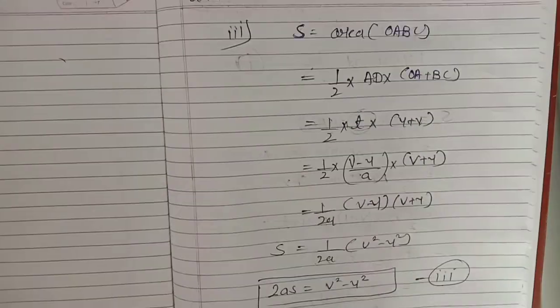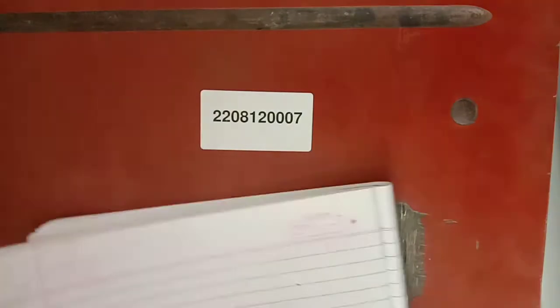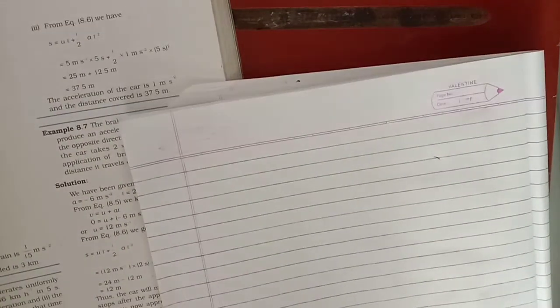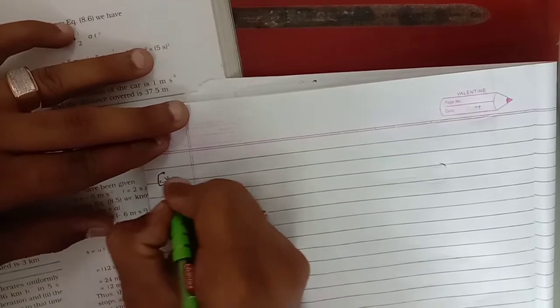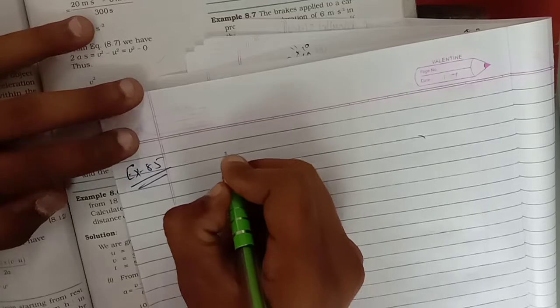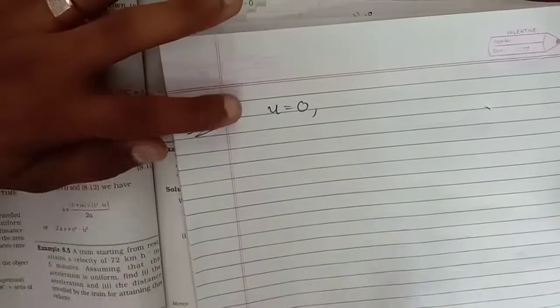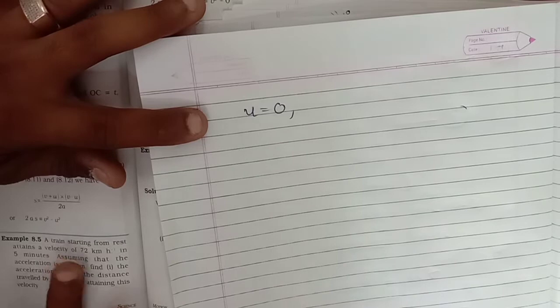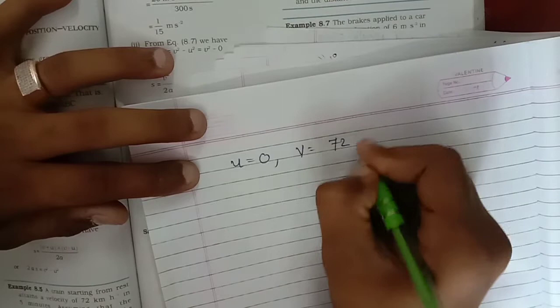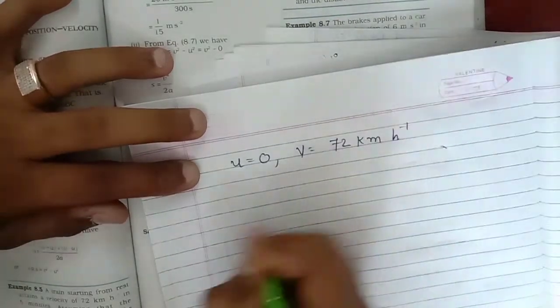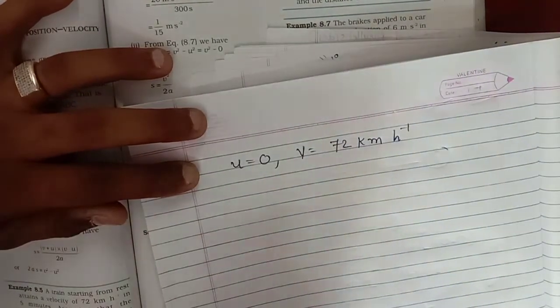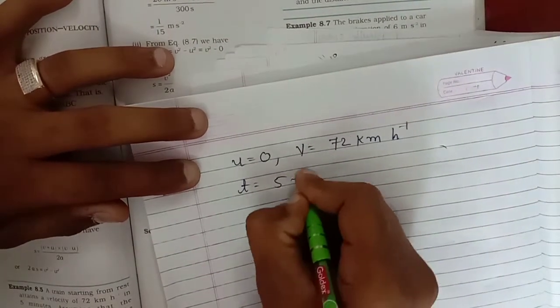Now we start example 8.5. A train starting from rest. It means initial velocity is 0, and the final velocity is 72 km/h, and the time taken t is 5 minutes.